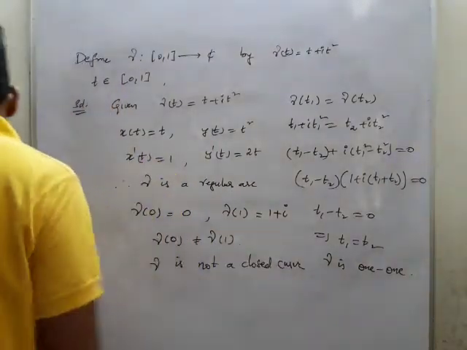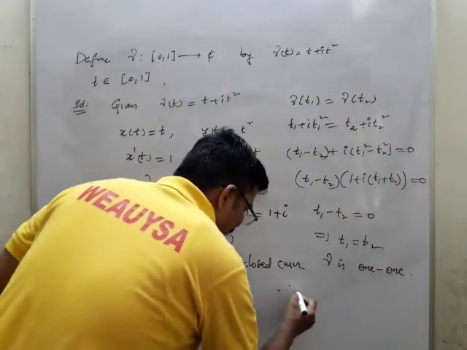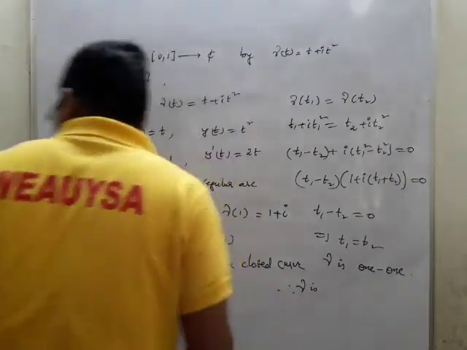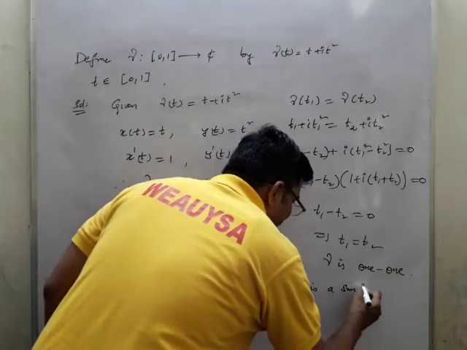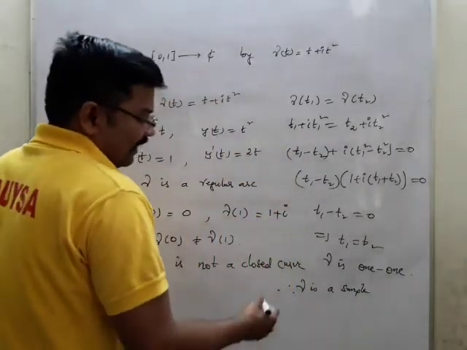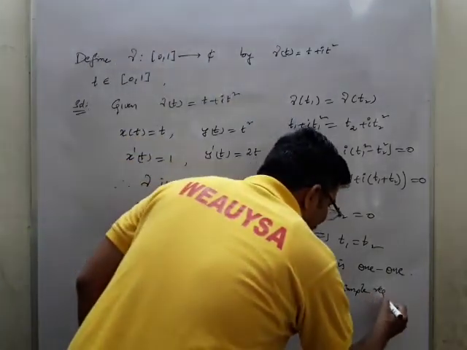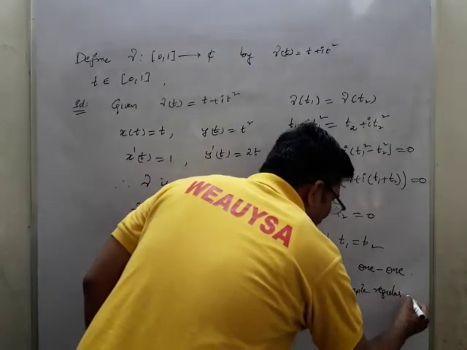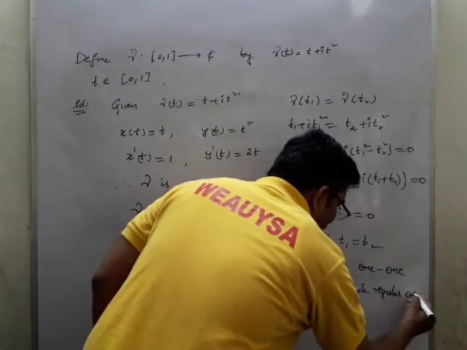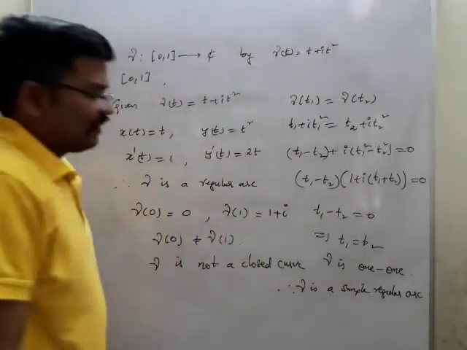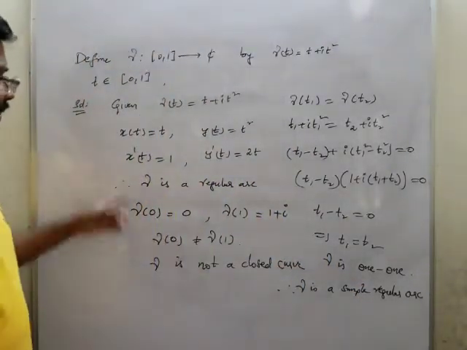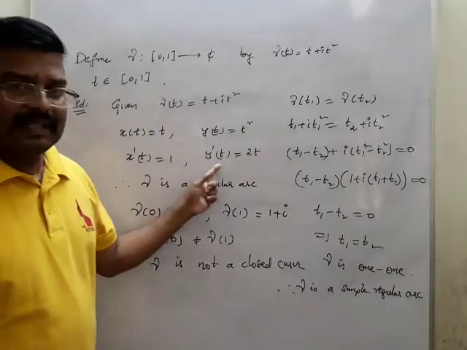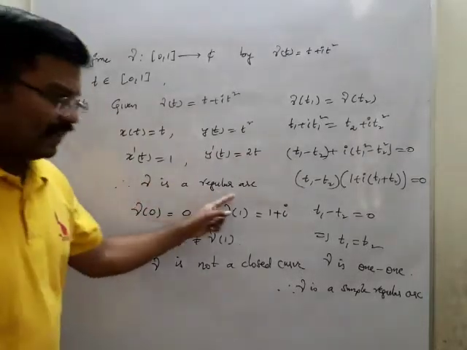When gamma is one-one, we can say that gamma is a simple arc, a simple regular arc. So what we have proved: since x dash of t is equal to 1 and y dash of t is equal to 2t, gamma is a regular arc.